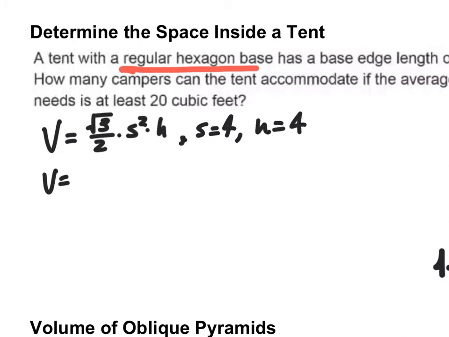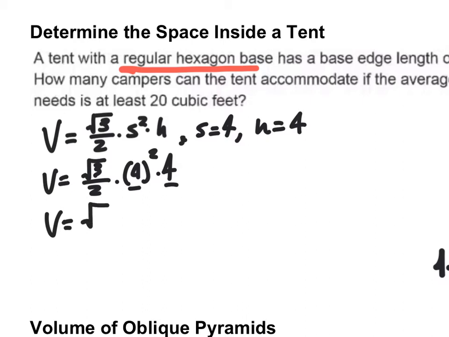So our volume is going to equal the square root of 3 over 2 times our side length, which is 4 squared, times our height, which is 4. This is going to be 4 squared, which is 16, times 4 again, which is 64. So I've got the square root of 3 over 2 times 64.